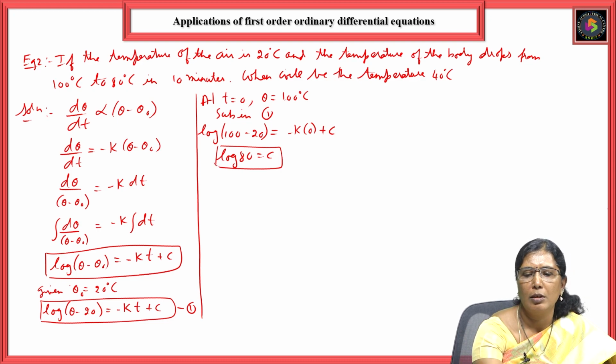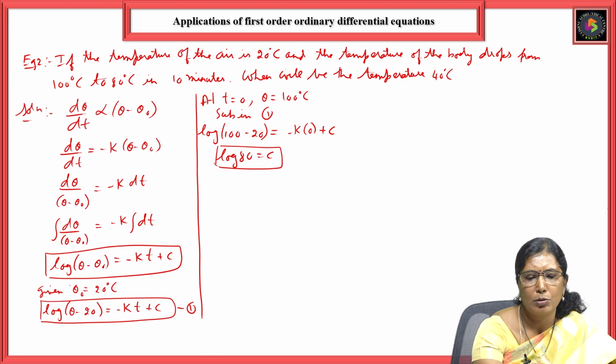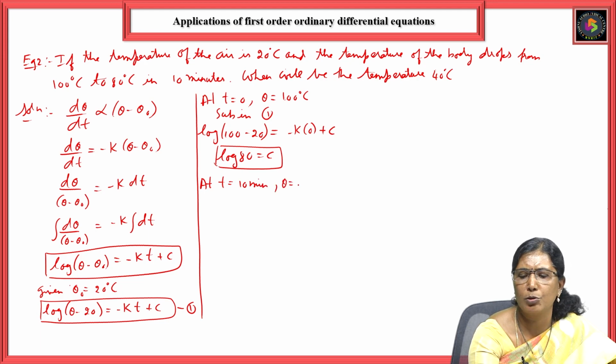Now the next condition: after 10 minutes, the temperature reduces to 80 degrees centigrade. So at t is equal to 10 minutes, the temperature reduces to 80 degrees centigrade.